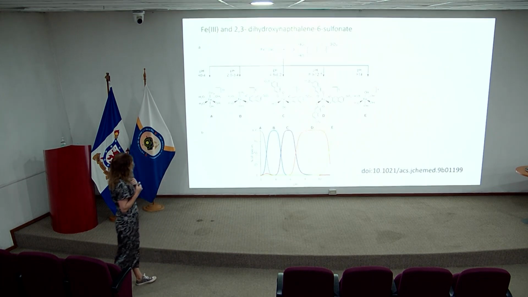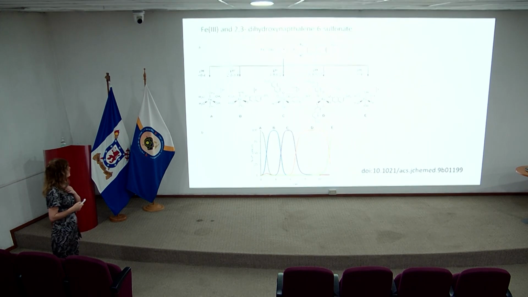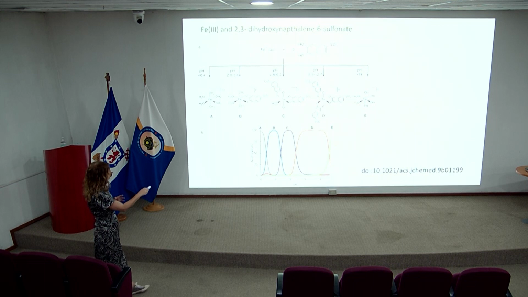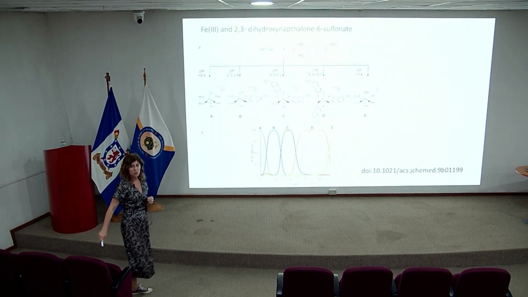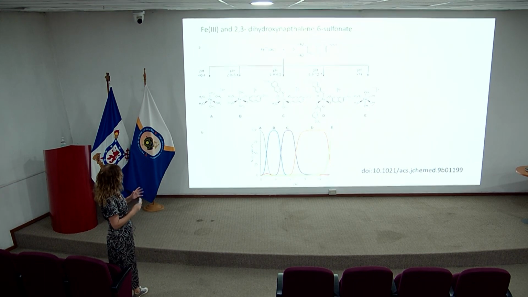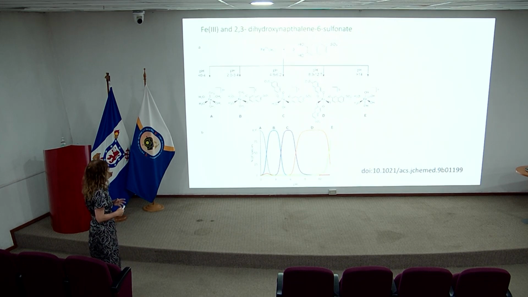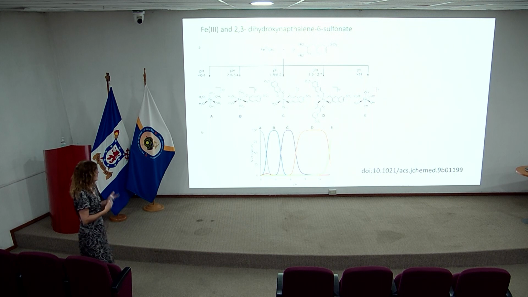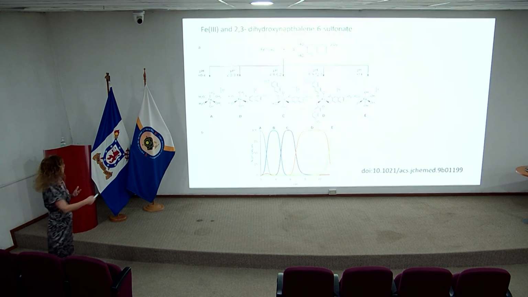I show you here a very simple example. So this is mixing iron(III) with this ligand shown here, and the system is interesting because it changes its color as the pH changes, because different species are being formed and they are shown here.